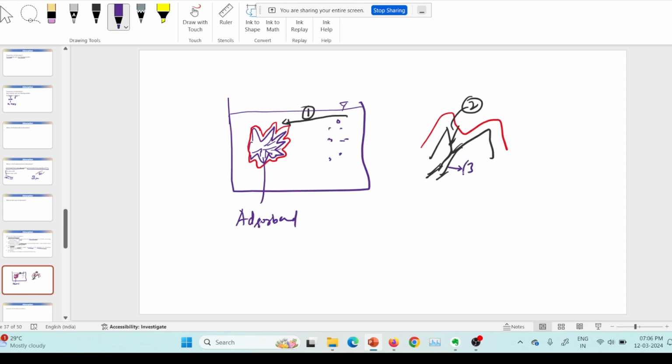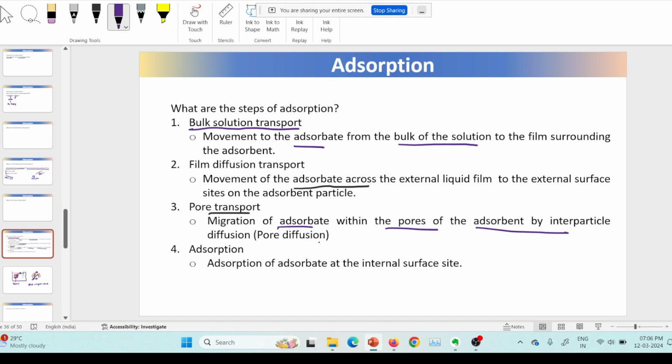This is the third step. The third point is migration of adsorbate within the pores of the adsorbent by intraparticle diffusion or pore diffusion.